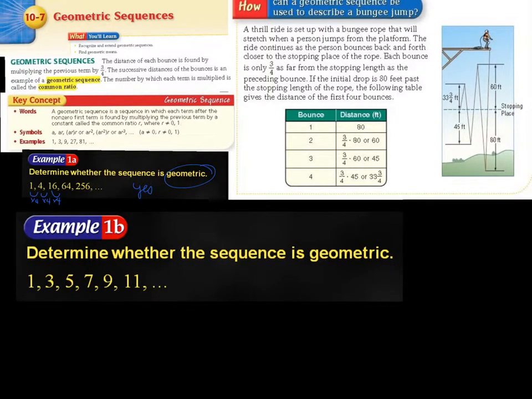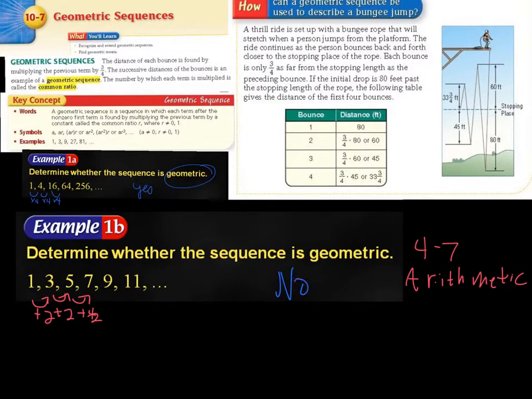The pattern here, I'm adding to each time. So we did this way back in lesson 4-7. This was called an arithmetic sequence. So to answer their question, is it geometric? No, it's not.